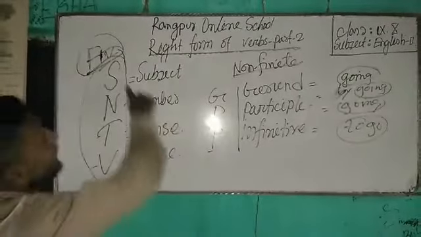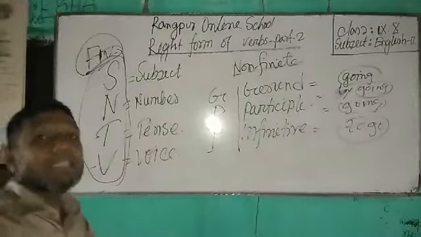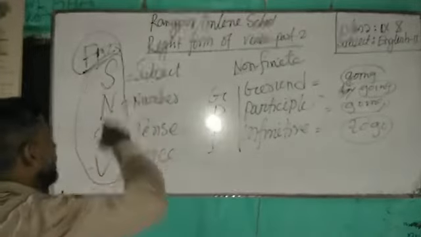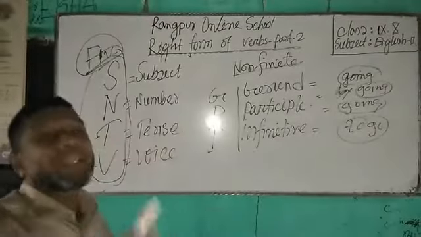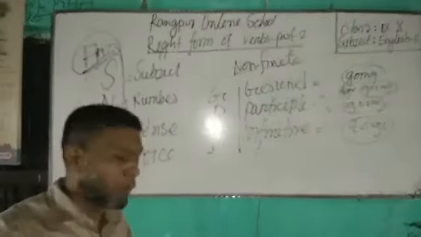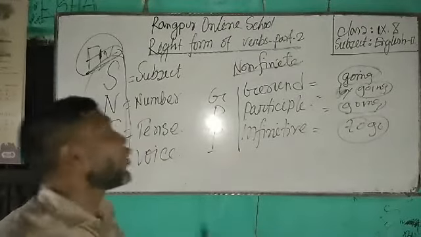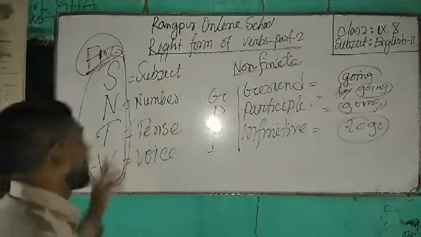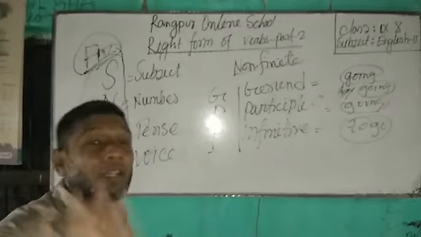That means, if any verb is dependent on these 4 things, subject, number, tense and voice, it will be finite. And the verbs which will not be determined, which will not be dependent on these 4 criteria, subject, number, tense and voice, will be called the non-finite verbs.